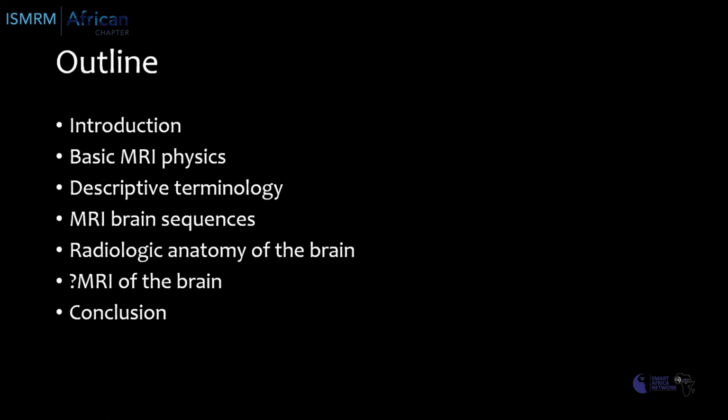The outline for our presentation is going to take the form of an introduction to MRI of the brain. We'll take a look at the very basic MRI physics and descriptive terminologies for imaging findings in MRI of the brain. We look at some important brain sequences, and then we'll go through the radiologic anatomy of the brain, and we'll ask ourselves why MRI of the brain.